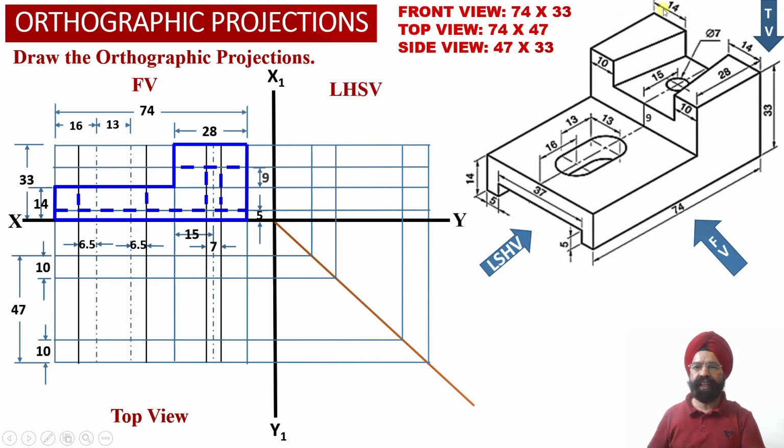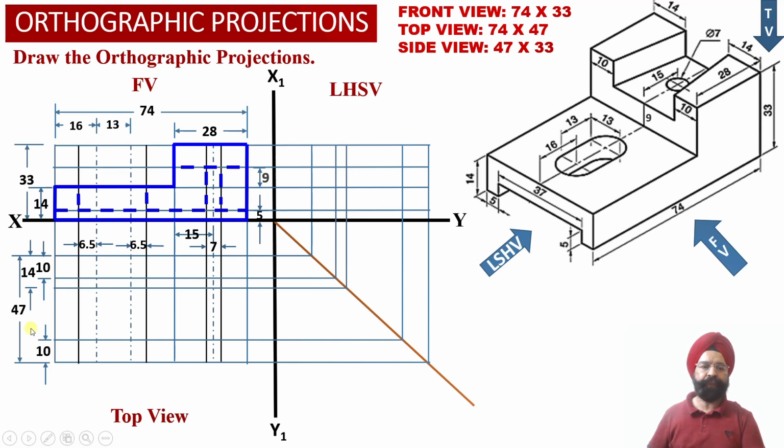In order to locate these two points, this point and this point over here, now we need to measure a distance of 14 millimeter from the rear face of the solid and 14 millimeter from the front face of the solid. So now we have marked a distance of 14 millimeter from the rear face of the solid, and again we have obtained a horizontal projector line into the top view projection, and we have appropriately transferred this horizontal projector line into the left hand side view projection over here.